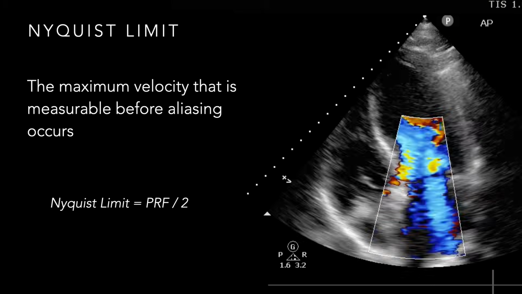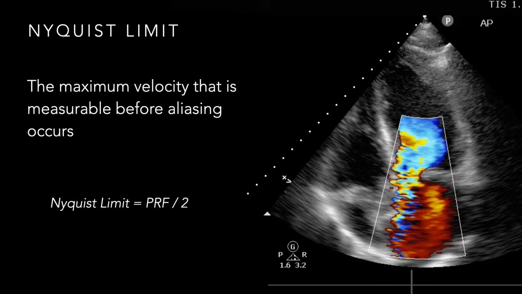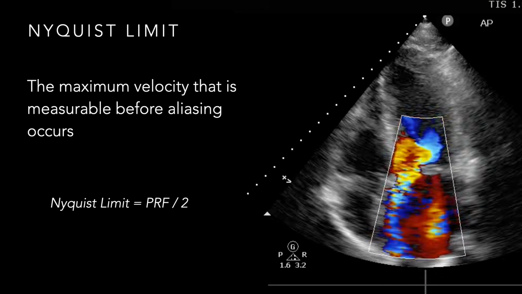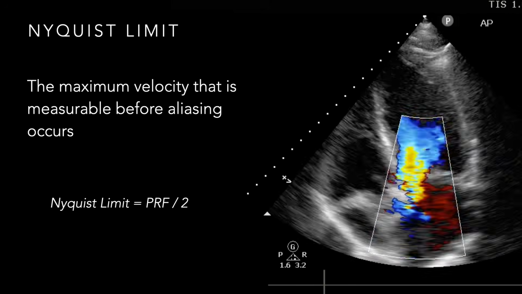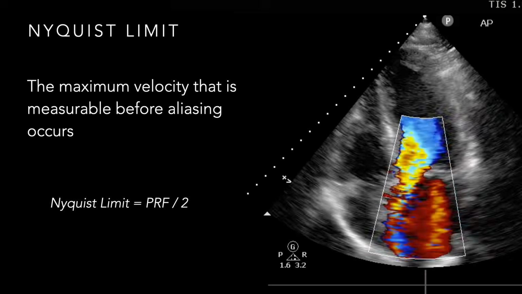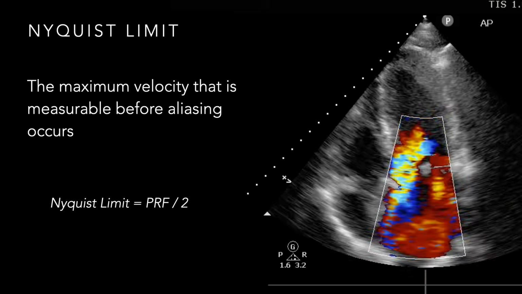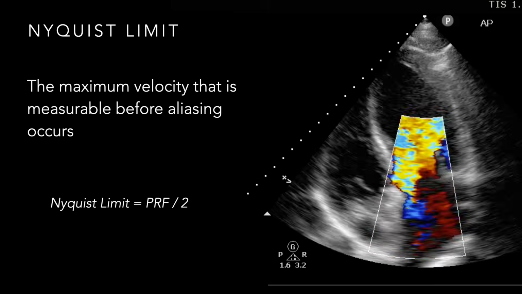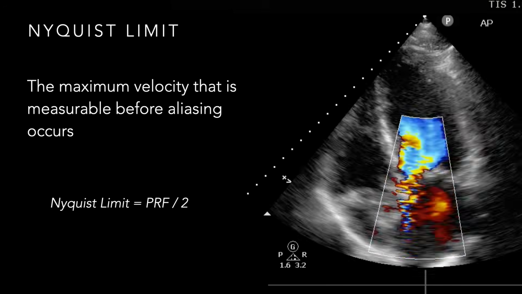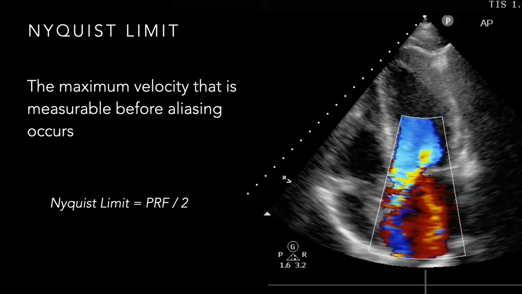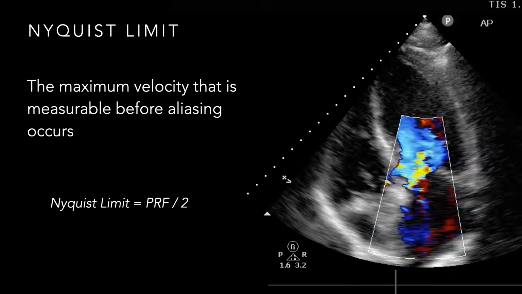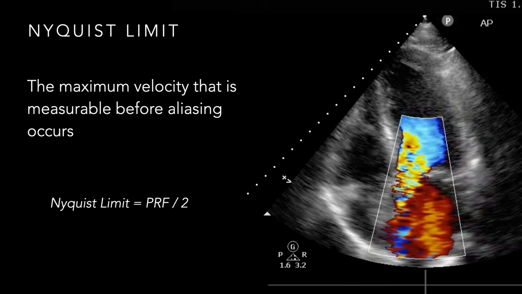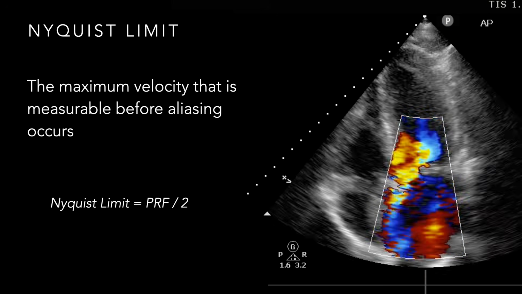We're sampling at X many cycles per second of sound that we're sending out. So X many pulses per second. It's different from the frequency, right? The frequency is essentially the pitch of that sound wave that's being sent out. But there's a sampling rate of X many cycles per second, right? That's the pulse repetition frequency. And so essentially, you have to have a certain pulse repetition frequency to be able to sample movement.